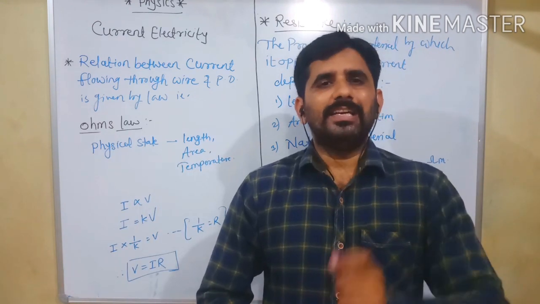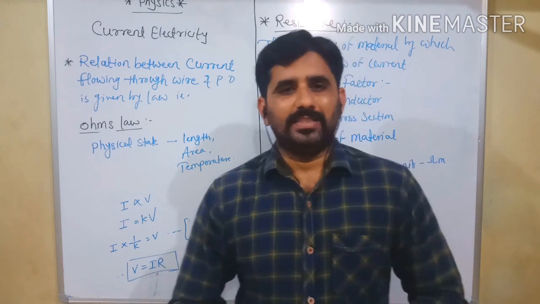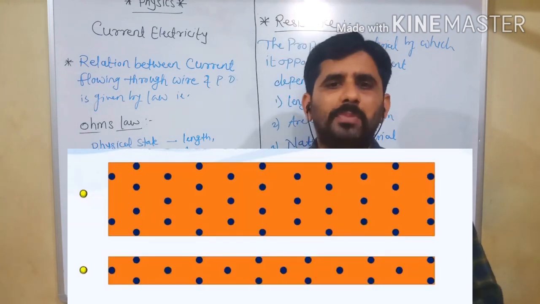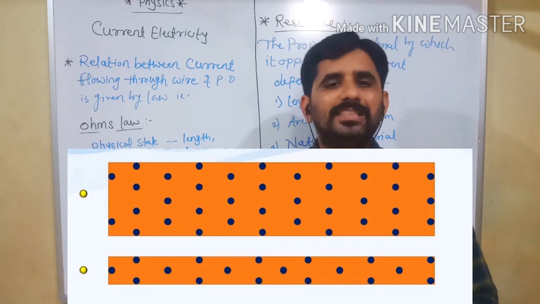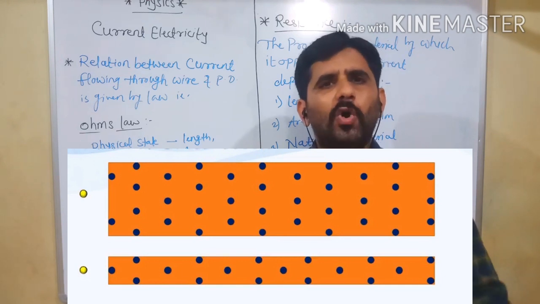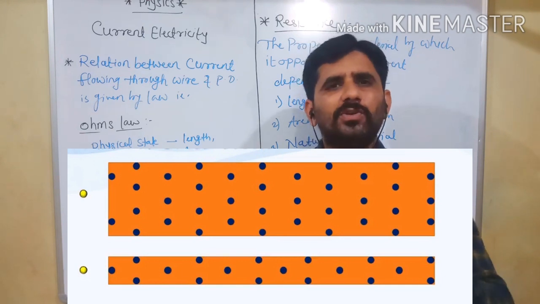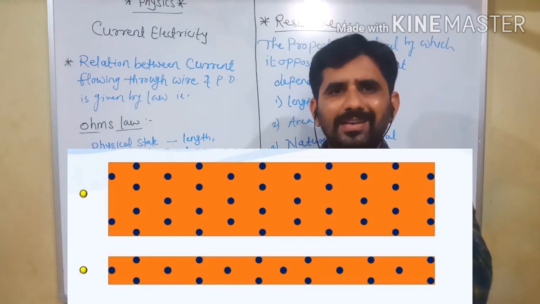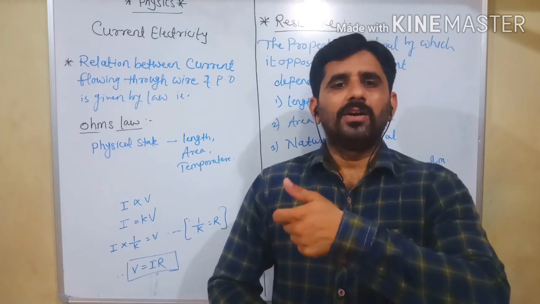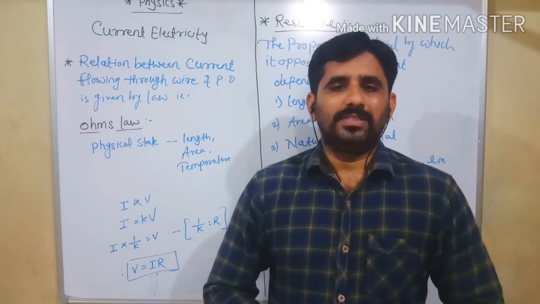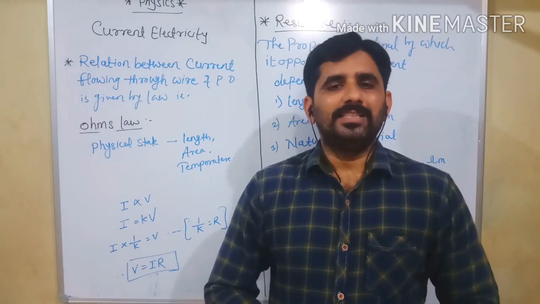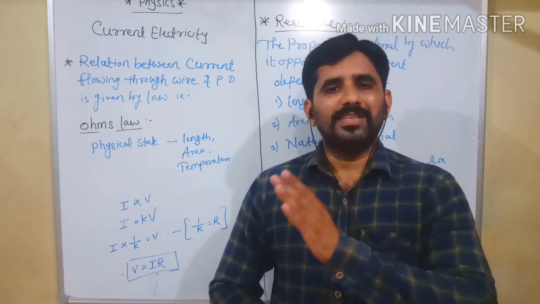The second factor is the area of cross section. When electrons pass through a small area, they suffer more collisions and hence the resistance to the flow of electrons is more. On the other hand, when electrons pass through a larger area, they suffer fewer collisions and hence the resistance to the flow of electrons is less.